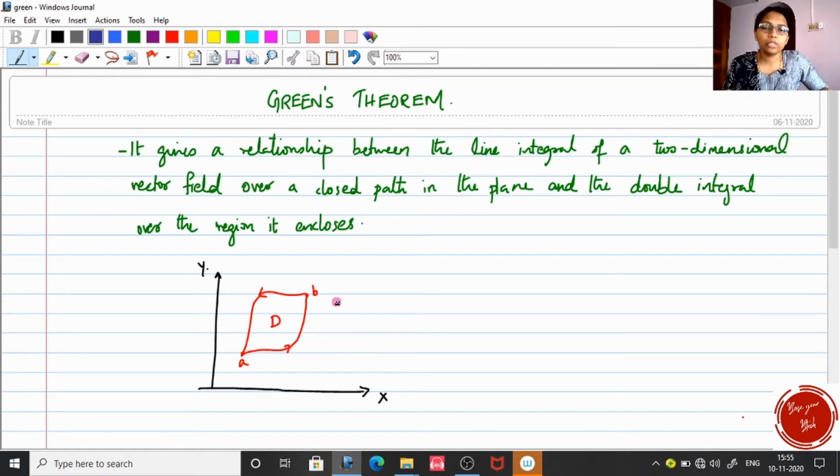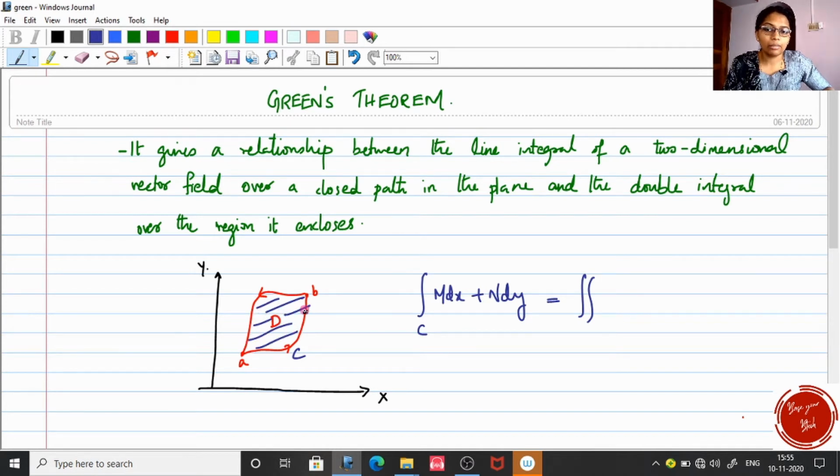Okay, so let's put this into equation. That is, you are integrating along this curve AB. Let us mark it as C. So line integral over C of M dx plus N dy is equal to the double integral taken for that region D. See, this is the region.